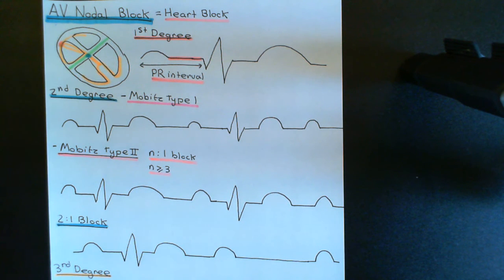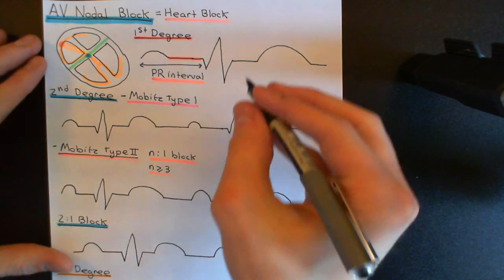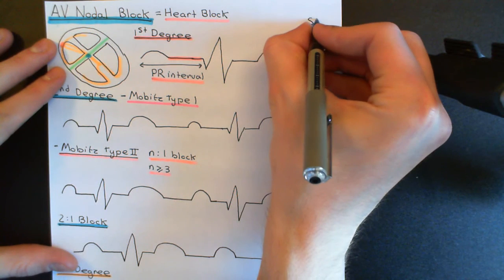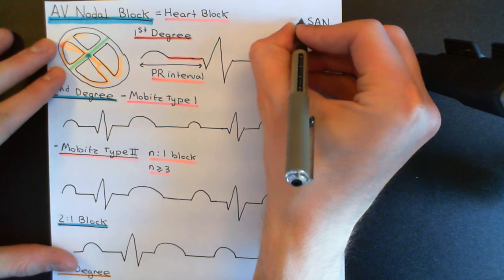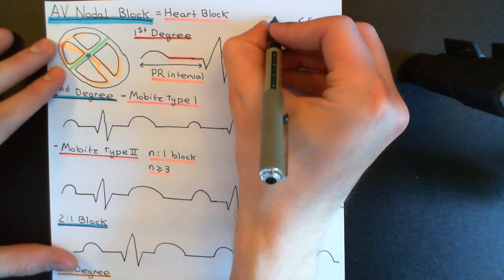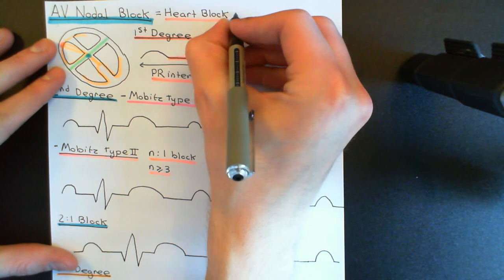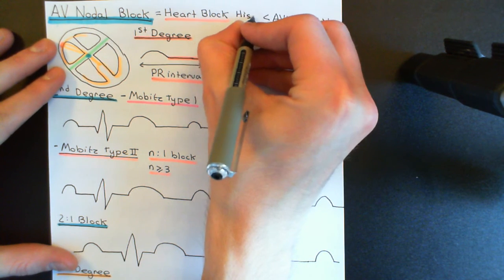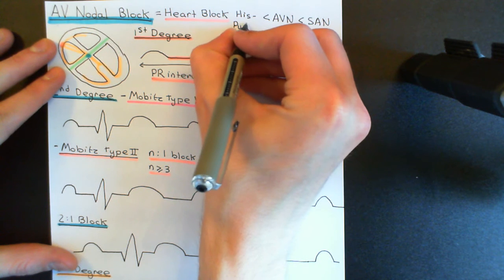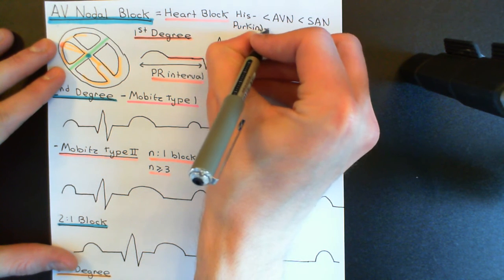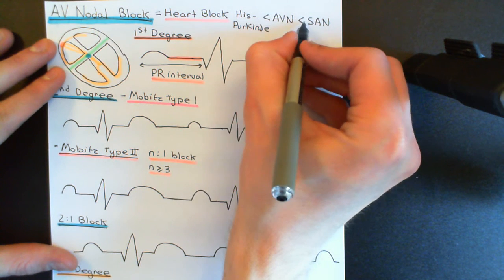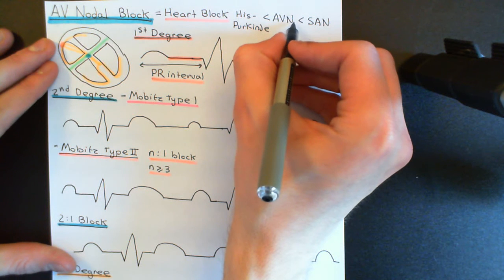And then the His-Purkinje system cells, if you take them out and put them on a plate, they will generate electrical signals at a rate even lower than that. So I'll just put this here. So the sinoatrial node generates electrical signals most rapidly, followed by the atrioventricular node, and then followed by the His-Purkinje system cells. Okay, so we've lost the sinoatrial node and we've lost the atrioventricular node.